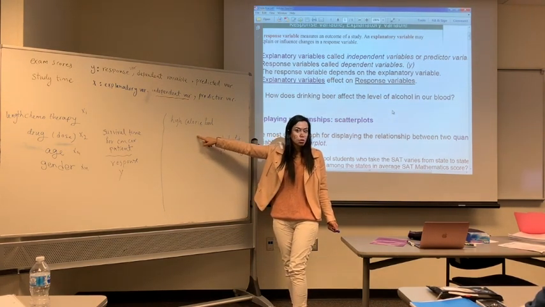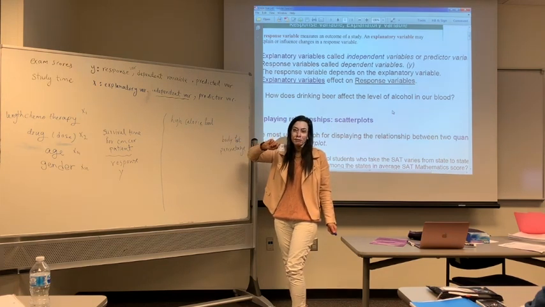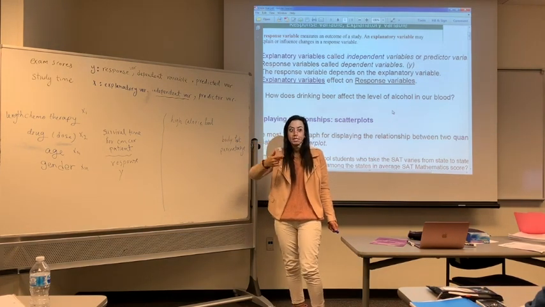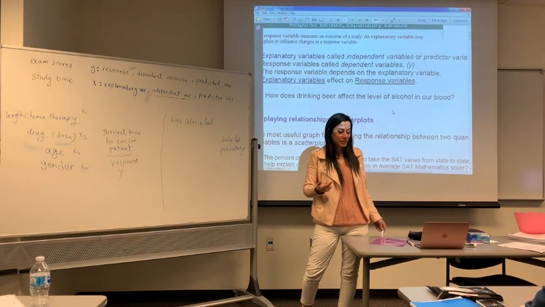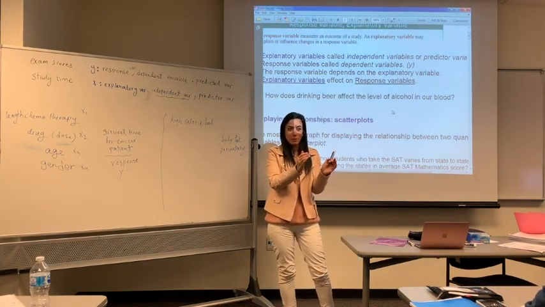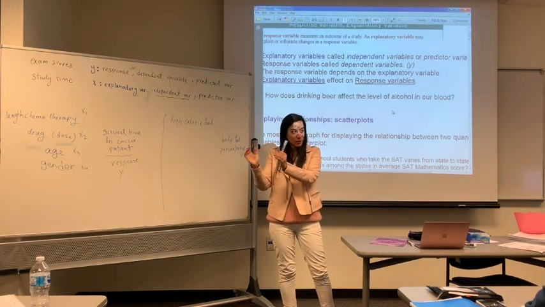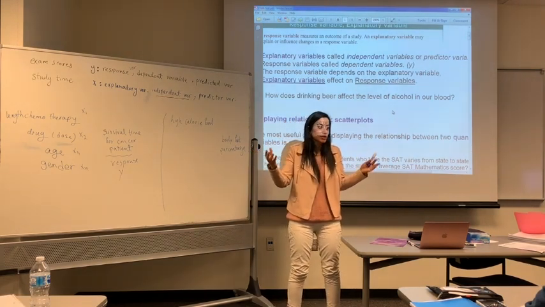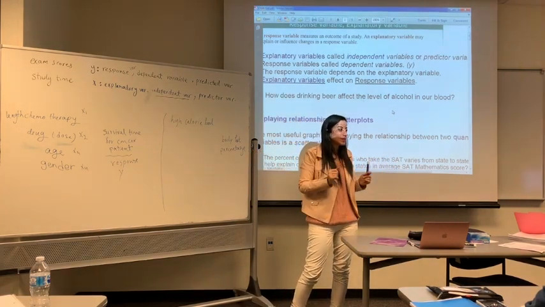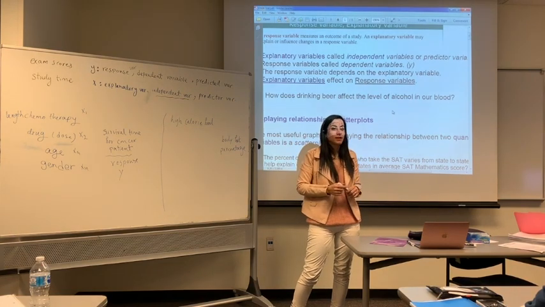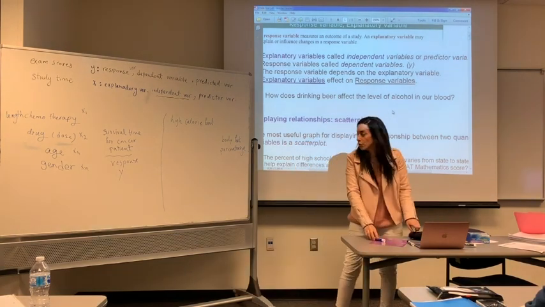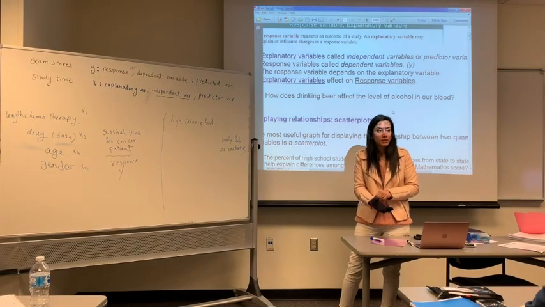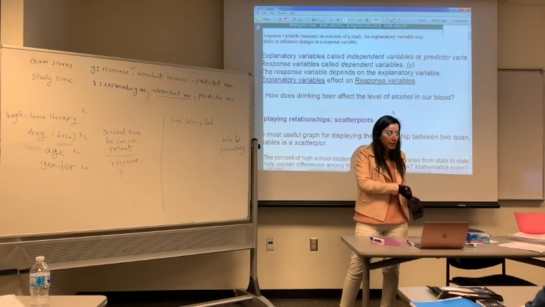Explanatory variable. So the first sentence I can now write down that will help you to find explanatory and response variable is this: the explanatory variable will have an effect on the response variable. So if you have this kind of format in a sentence or a study, you know which one is explanatory and which one is response variable. So here, the response variable is body fat percentage, correct?